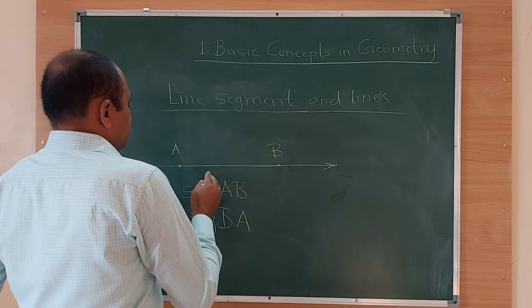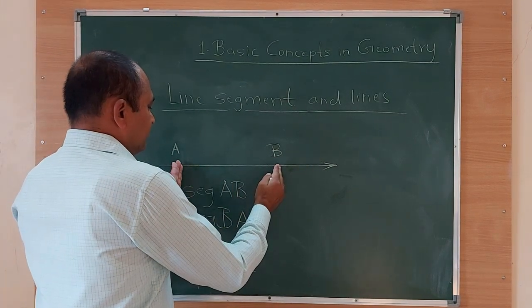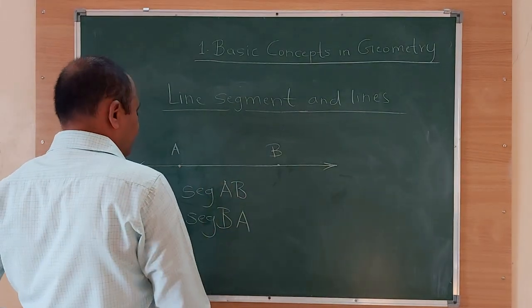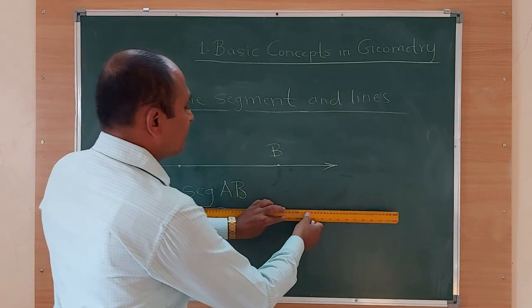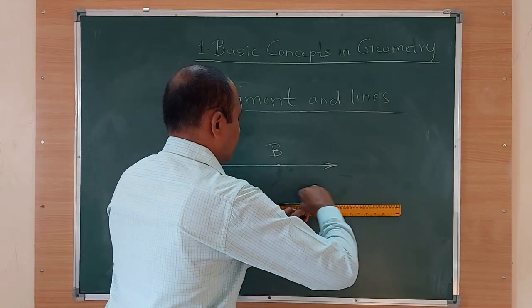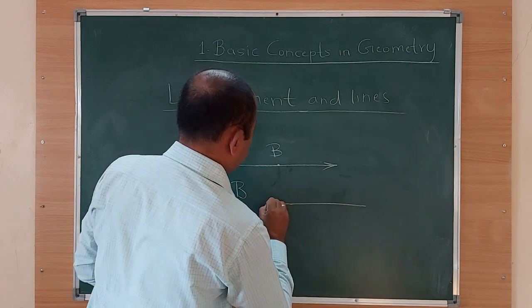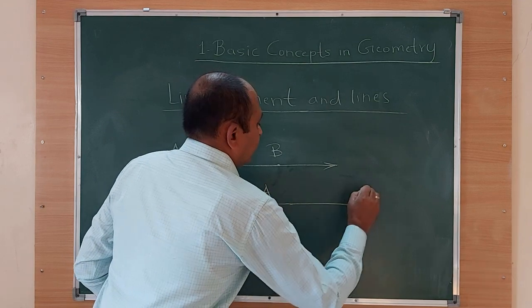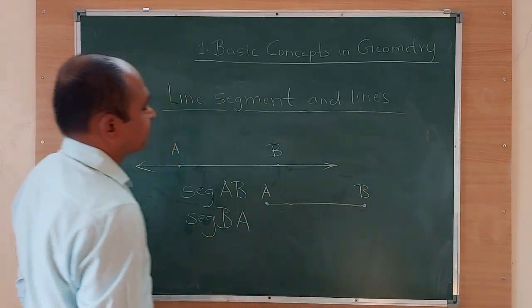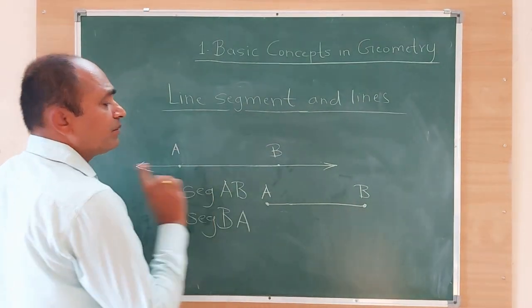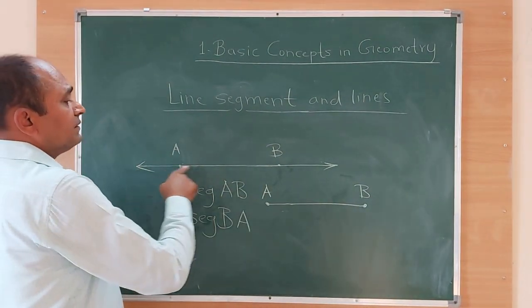This is the segment. Segment is always having limits. So if I have to draw a segment differently, I will draw it like this. Segment AB or segment BA, and this is a line.